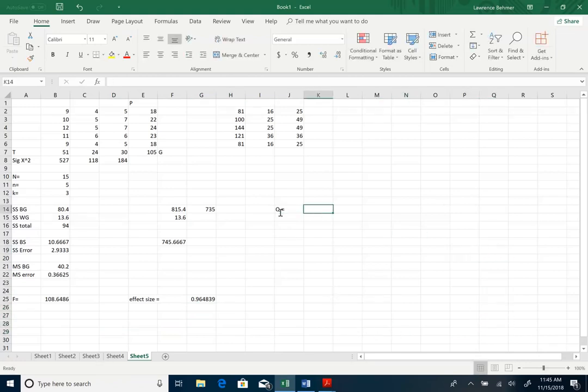Q equals 4.04. We also need our mean square error, which is 0.37. And we need our little n, which is 5, right?